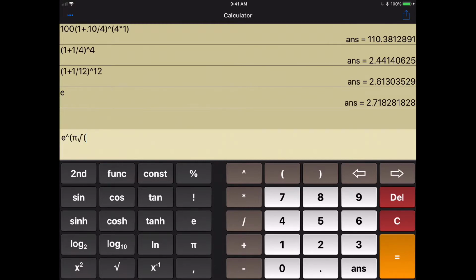Now notice that a calculator often gives the square root with a parenthesis. So you're going to type your 2, and then you're going to need two parentheses. This first right parenthesis finishes the square root. The second parenthesis will finish the exponent.